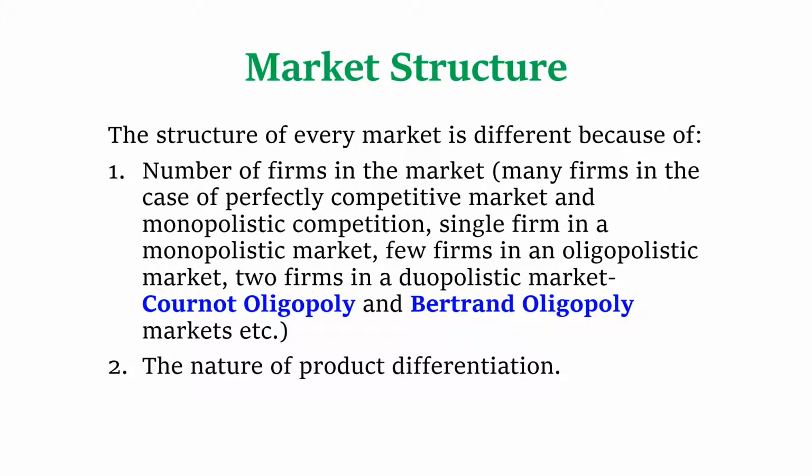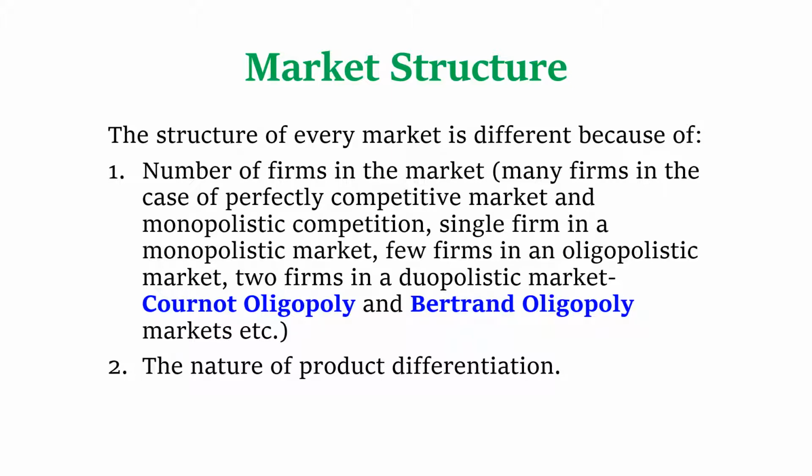And the structure of the markets is also based on what? The nature of the products that they produce. Some markets produce similar products, like the perfectly competitive markets. Some markets produce differentiated products, like the oligopolistic differentiated product markets.